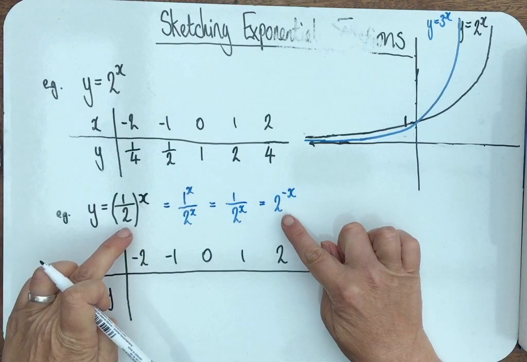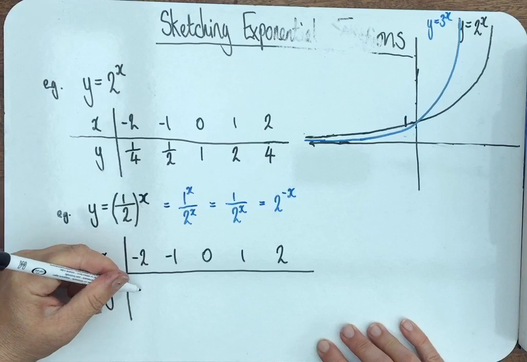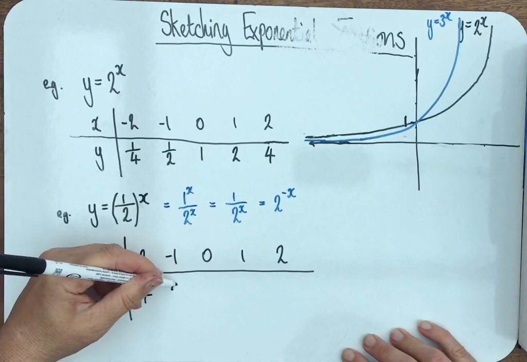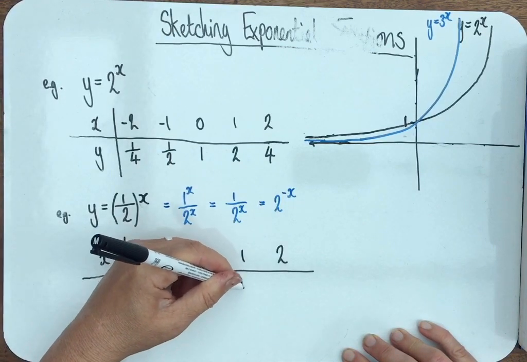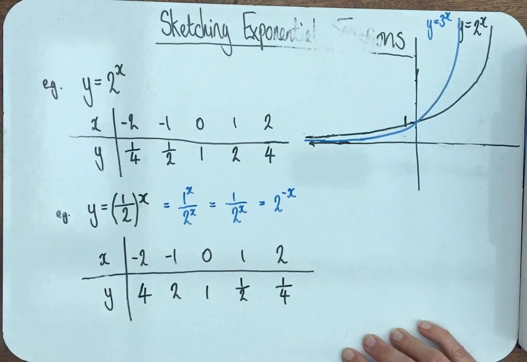So they're exactly the same thing. And 2 to the power of minus x does this. So when x is minus 2, we get 2 squared, which is 4. And then 2, and then 1, and then a half, and then a quarter, and so on.